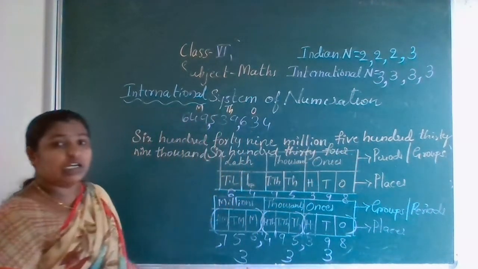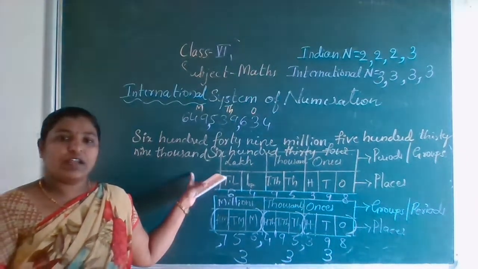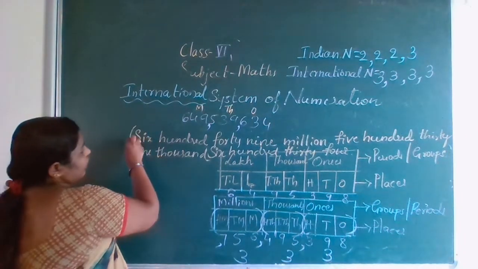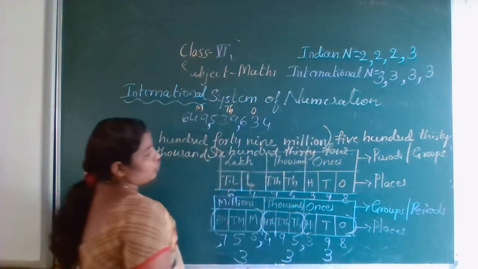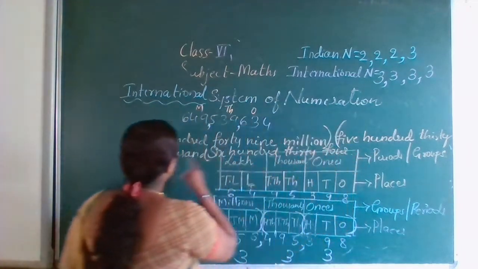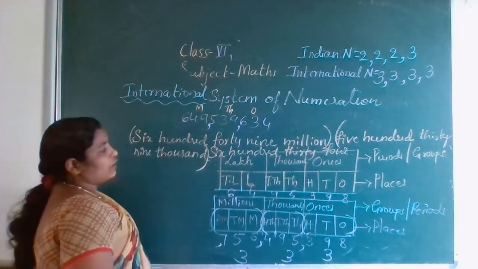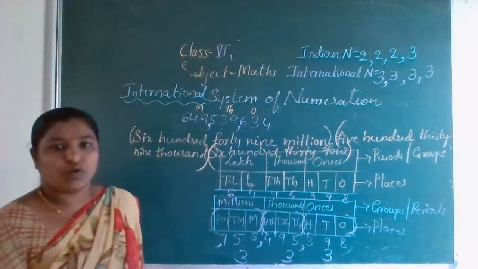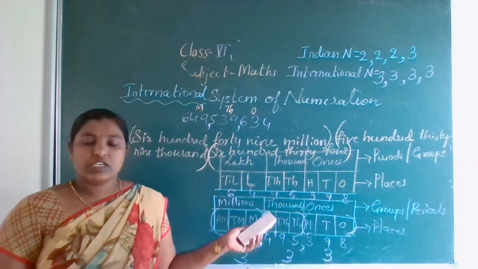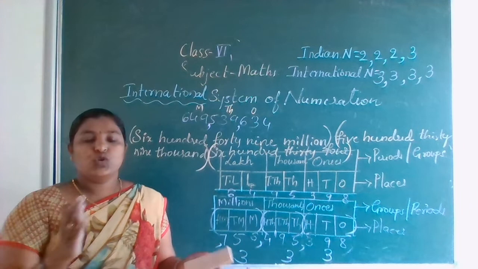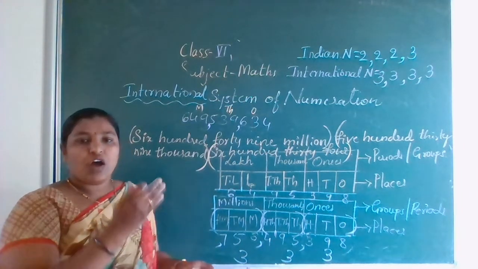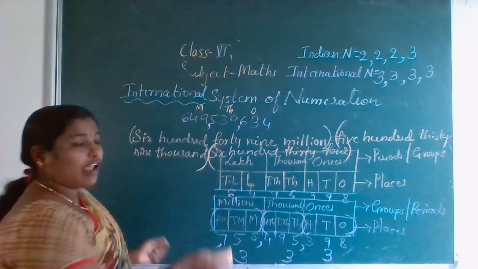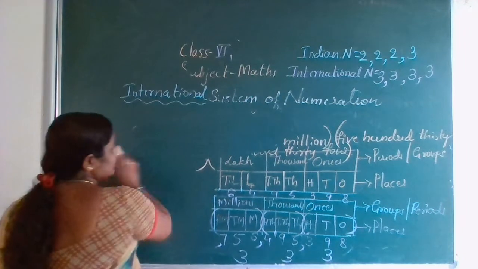So this is the number name according to the international system of numeration. So what are the groups here? 649 million is the millions group, 539,000 is the second group, 634 is the first group. In the international system you should give the comma after every three digits, and this is how to read the number. I will explain two more examples.